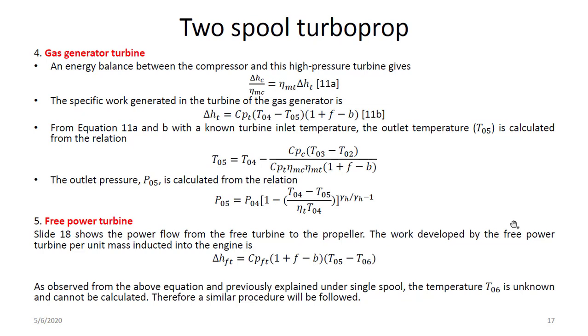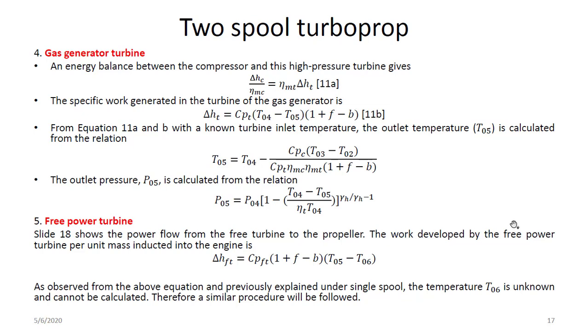So the energy balance between the compressor and the high pressure turbine: I said earlier on that the high pressure turbine, or the first turbine, will drive the compressor. So the energy that the compressor needs comes from the energy that the first turbine is generating.